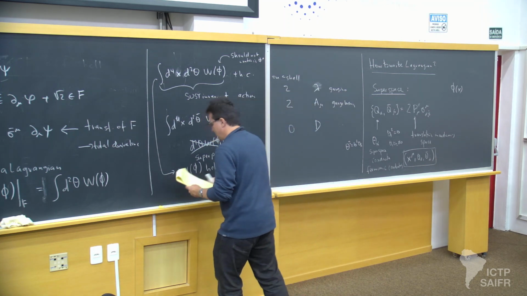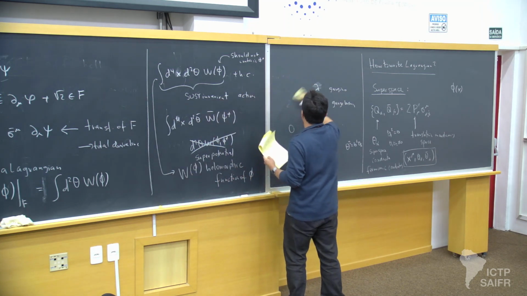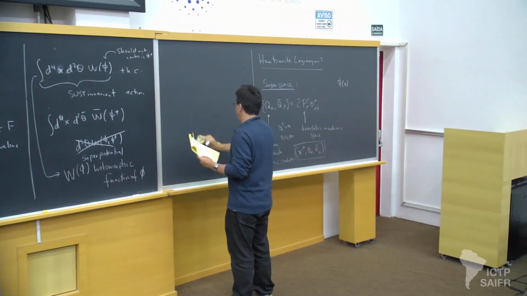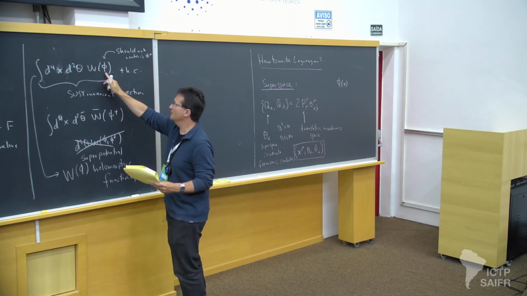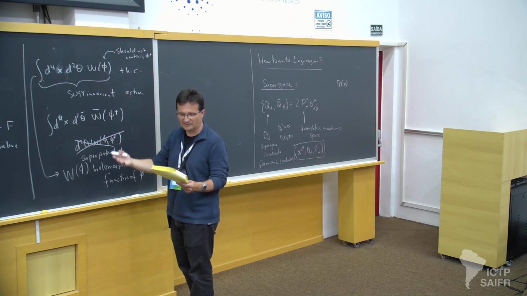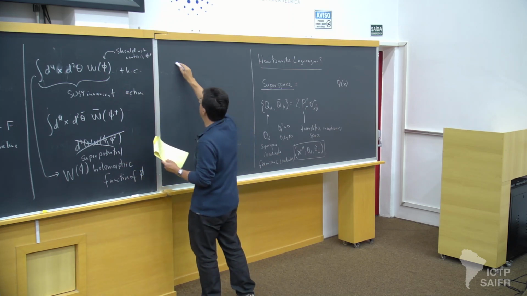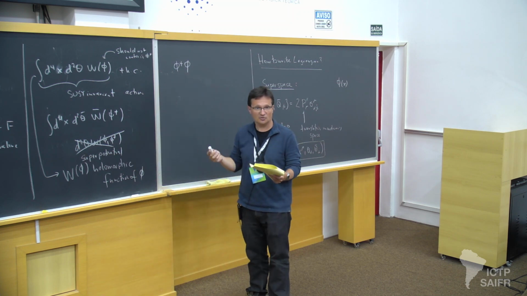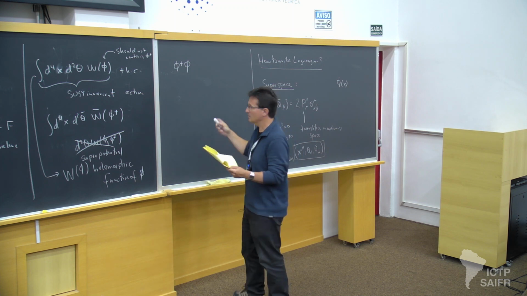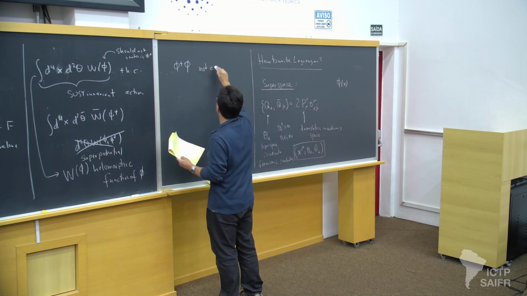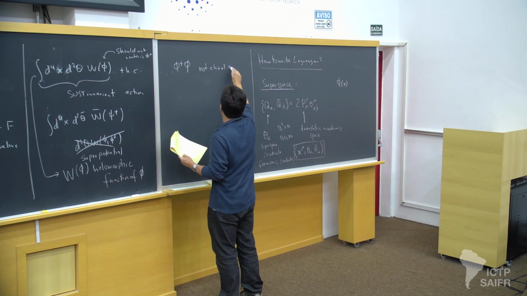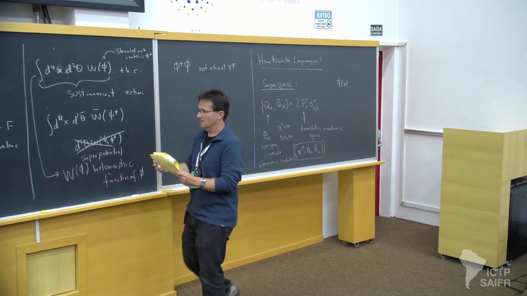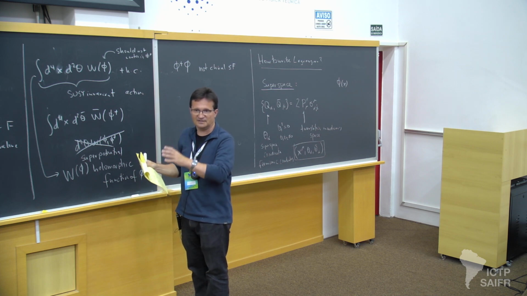Now, there's another way. You can ask, okay, if I take arbitrary powers of the chiral superfields, that's how I get some term. What happens if I take phi dagger phi? Now this is not a chiral superfield anymore, meaning there is no difference. In phi, there's a distinct role of theta versus theta bar.